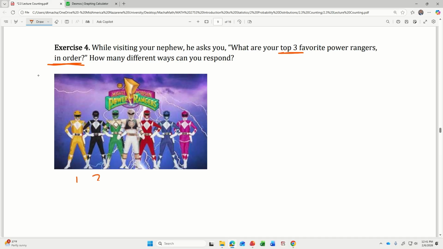Let me count. 1, 2, 3, 4, 5, 6, 7. There's 7 total Power Rangers. We're asked to pick our top 3, and it matters in what order we place them. So think about this for a minute. How many different ways could you respond to the question?